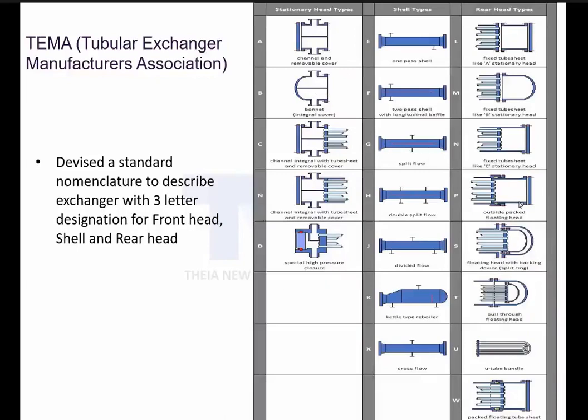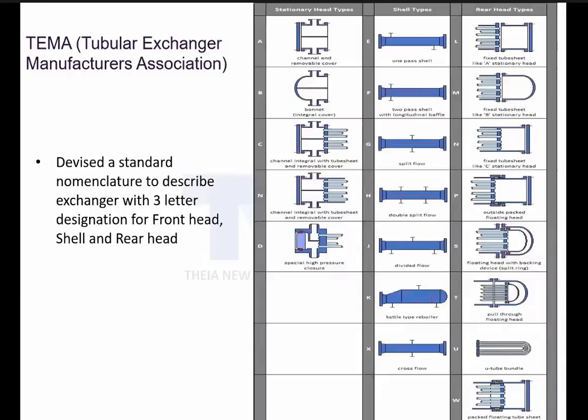The rear end, as I said, in the refineries or the petrochemicals, you always see floating head. Among the floating heads, the cheapest exchanger is W. So whenever you see W as the last letter, that means it is a very cheap exchanger. But the problem with W is there is a leakage stream. It has gaskets and it will leak.